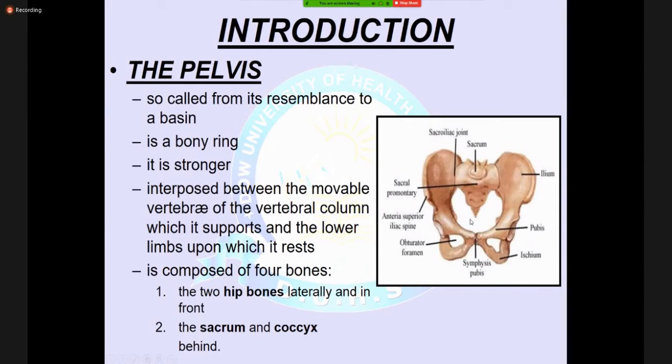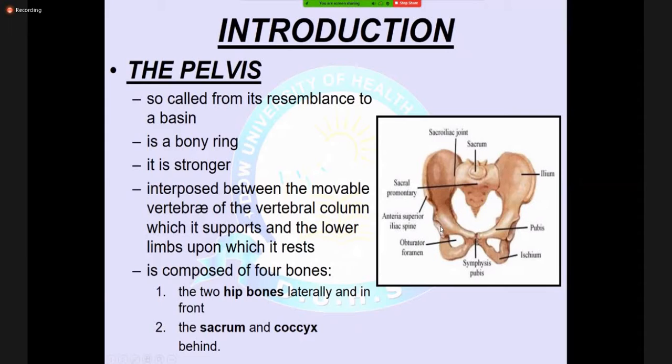Here we have the ilium, the pubic bone, the superior pubic ramus, the inferior pubic ramus with the ischium, the ischiopubic ramus over here, the ischium over here, the ischial spine projecting from this point, and the acetabulum on the lateral surface.